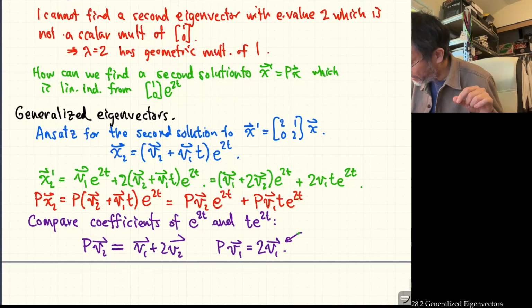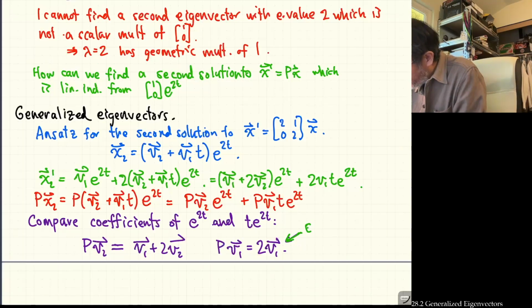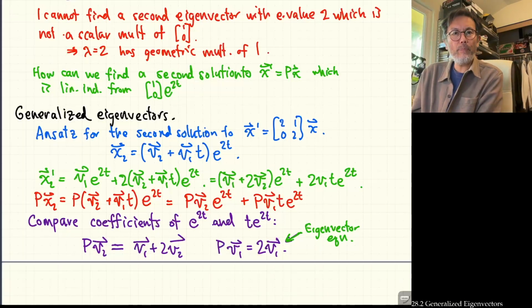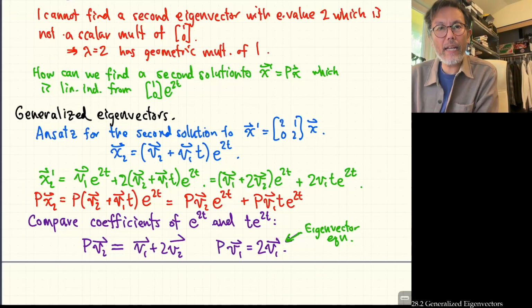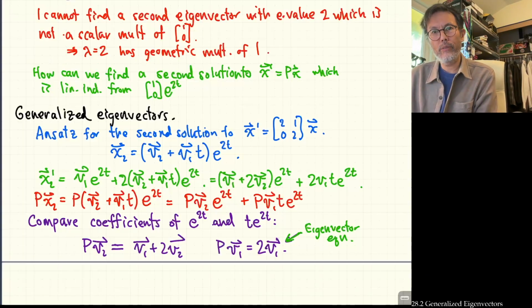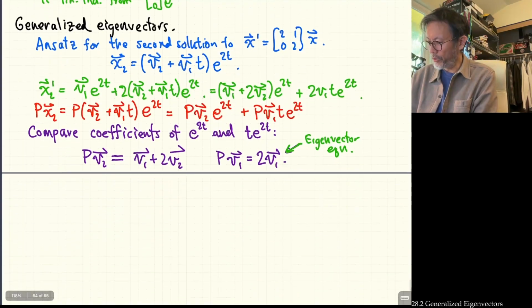Do you recognize it? This is the eigenvalue, the eigenvector equation. In other words, the second equation here is saying that v1 should be an eigenvector of P with eigenvalue 2, right? That's the conclusion that we can draw.